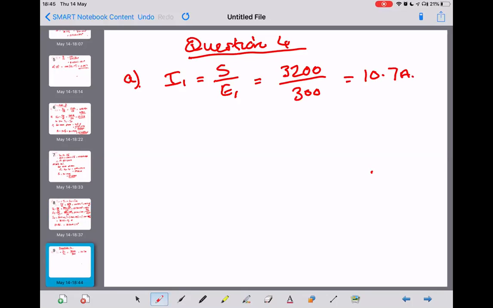Part B then asks for I2. So I've taken the formula, which is I2 over I1 is equal to N1 over N2.